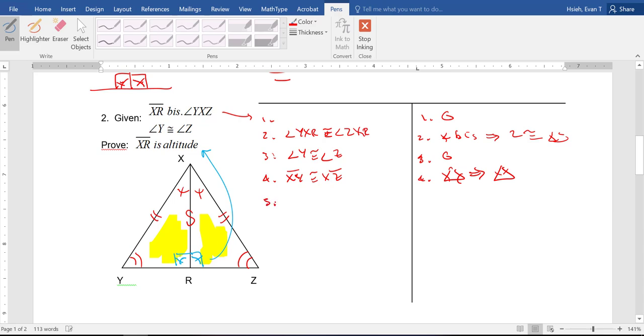If angles and sides. Now I can say that triangle YXR is congruent to triangle ZXR by angle side angle from steps 2 through 4.